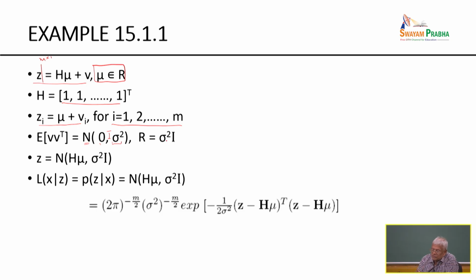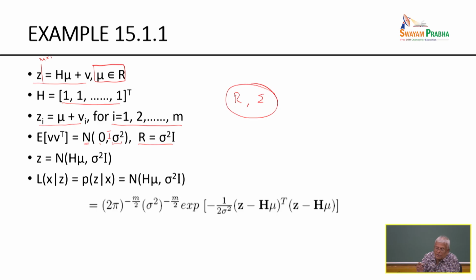The covariance of the noise is sigma square I. Please understand, I'm using R and sigma for the noise covariance matrices. With me? Sometimes I call it R, sometimes I call it sigma. Should not confuse anyone. The context will tell you what it is.